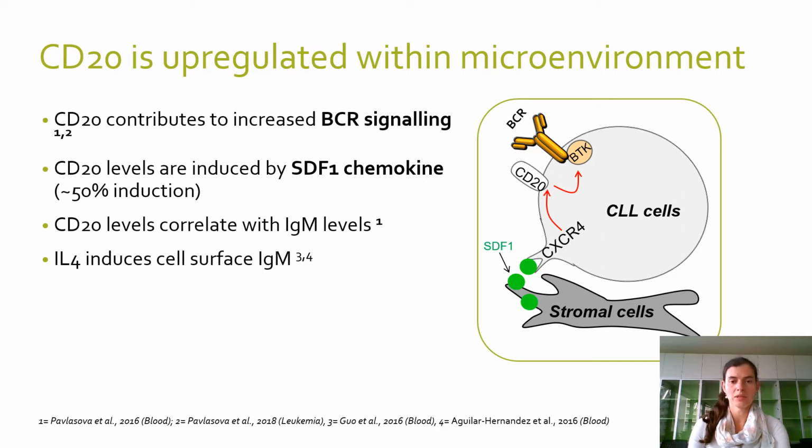Notably, CD20 levels and also cell surface IgM levels are both induced in CLL cells from the immune niche. We have shown previously that SDF1 induces just 30 to 50% upregulation of CD20, which cannot fully explain the twofold higher CD20 levels in CLL cells from the immune niche.